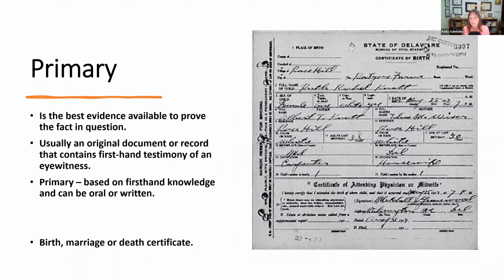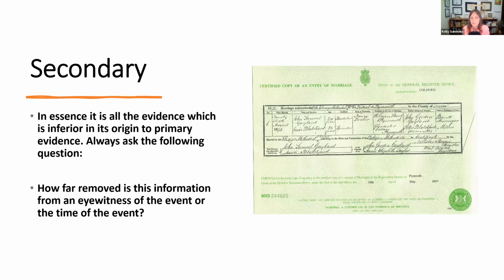This would be ideal. If we could always have birth, marriage, or death certificates for everything, that would be the perfect and most correct information. Now, secondary information may also be on a government document.